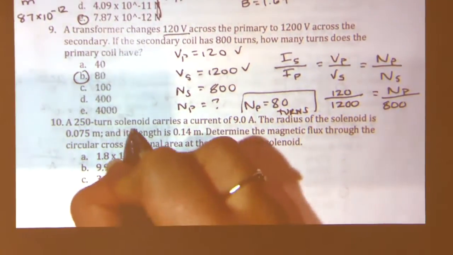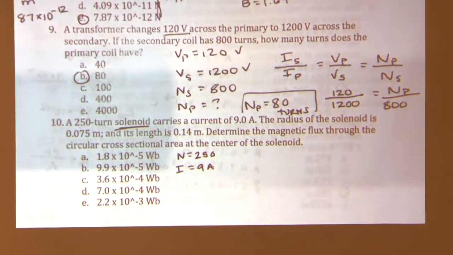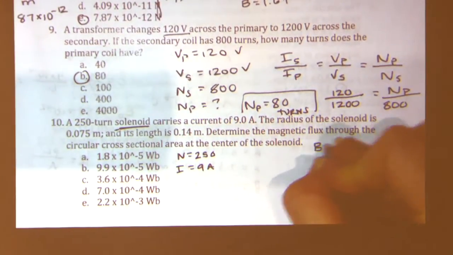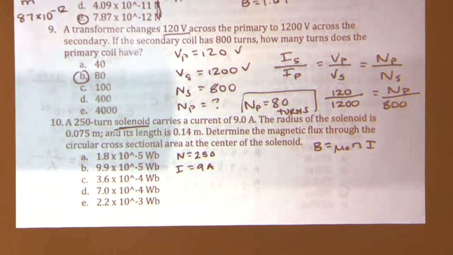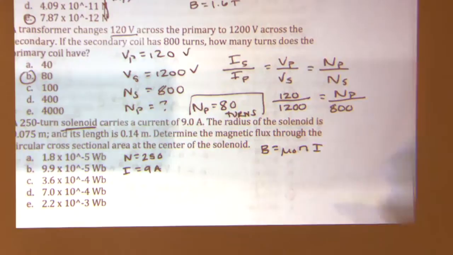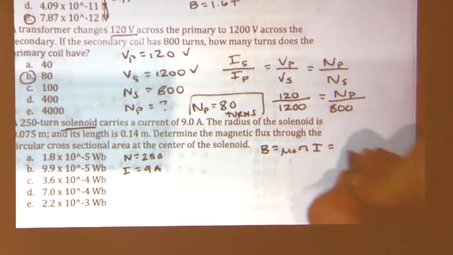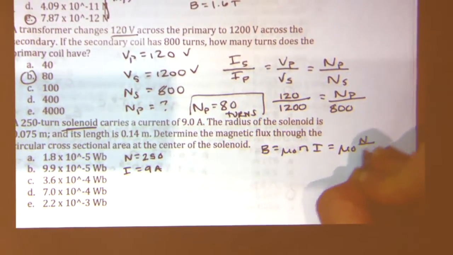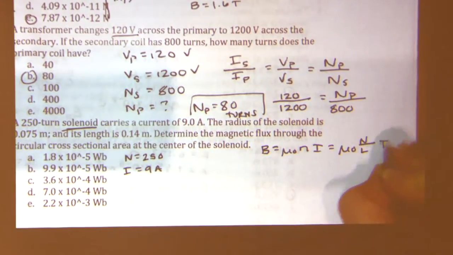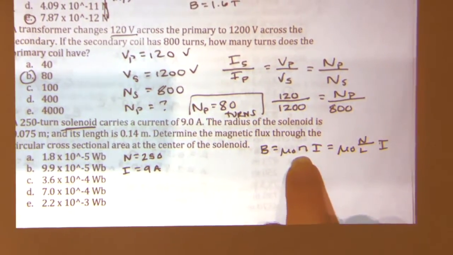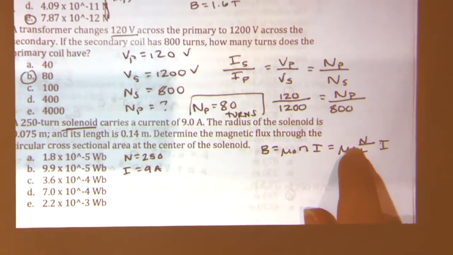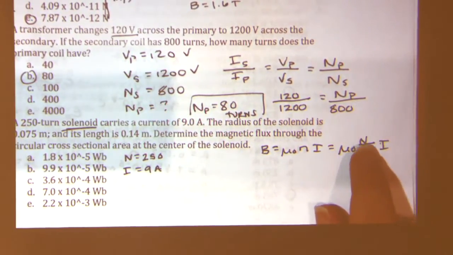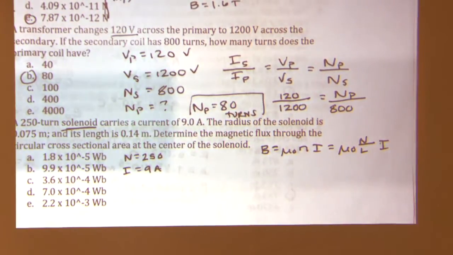So right when you see the word solenoid, you should know which equation correlates to solenoids, and that equation is B is equal to mu naught little n I. Or this is the same thing as saying mu naught capital N over L I, because this little n is just turns per meter, turns per unit length, and the big N is just turns, so if we want to plug that in, we have to do it over the length.